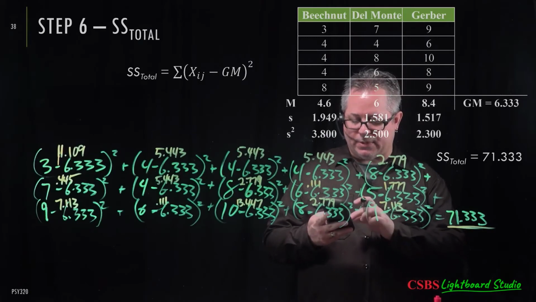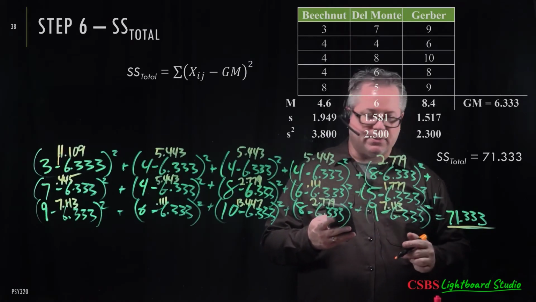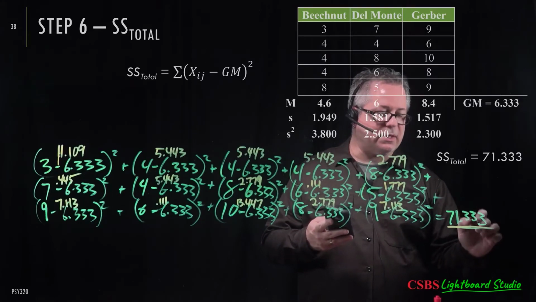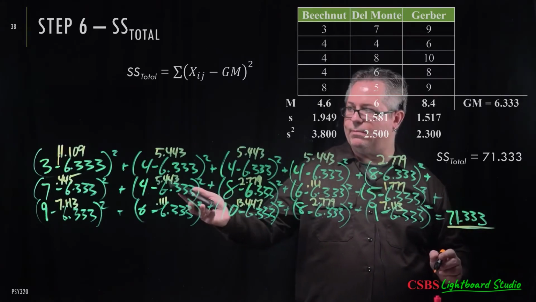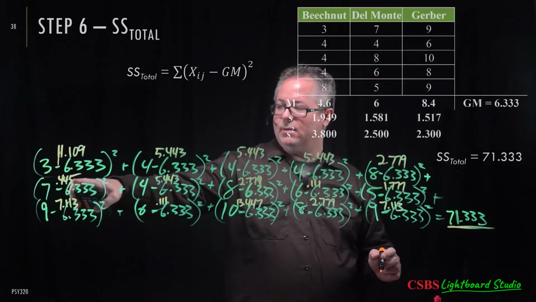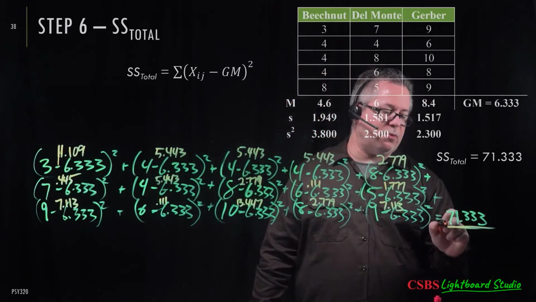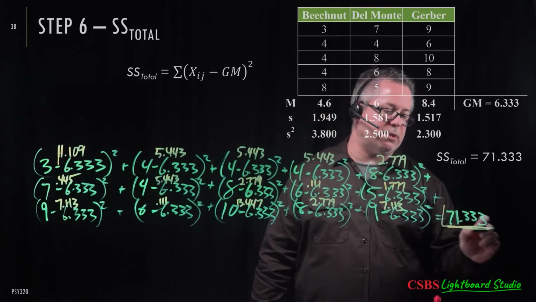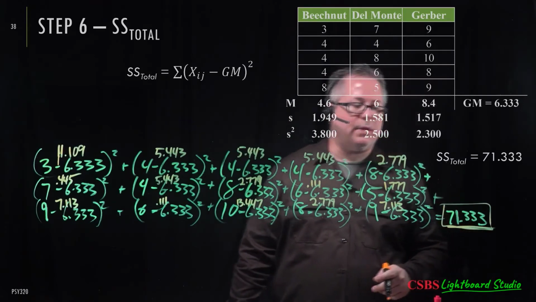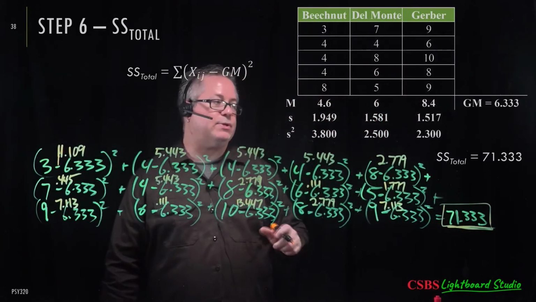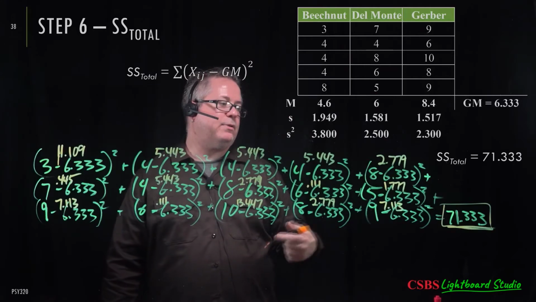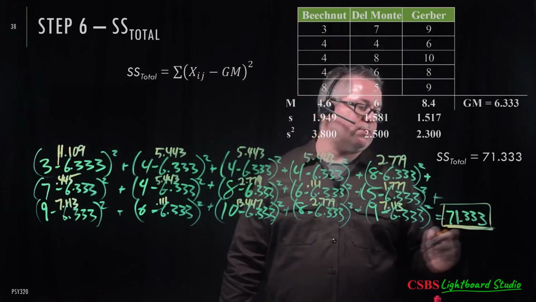The only thing I was missing was a 0.005, so I get 71.335 instead. If I had that number correct, but it's still really close. So we're basically getting the same number, adding up all of these squared deviations around the grand mean, giving us a total sum of squares.